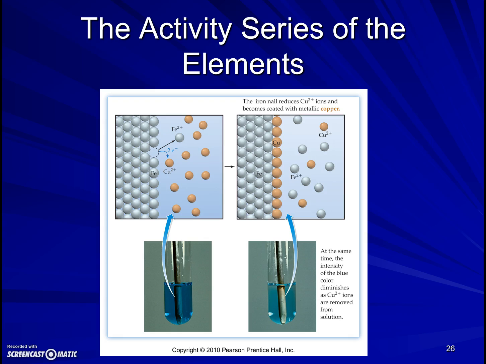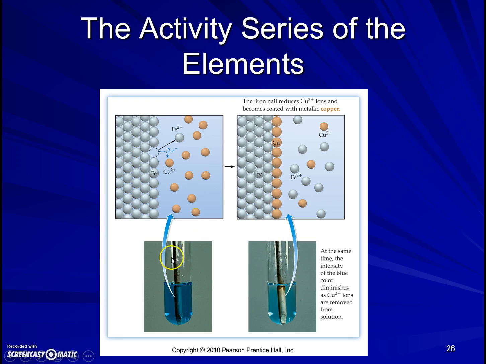Copper and silver and gold tend to be on the unreactive side. So if we make a copper nitrate solution or copper sulfate solution like we have here, copper's unreactive. It's in this solution as copper 2+ ion, but it would rather be copper metal.